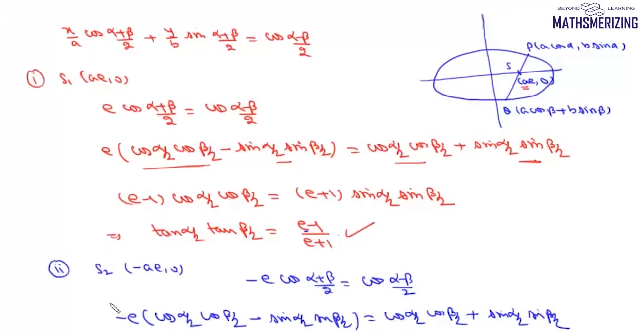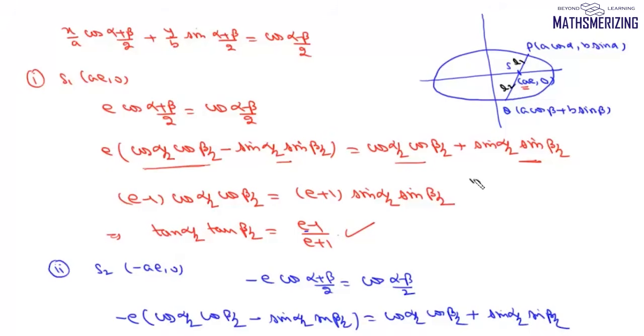Now another result about the focal chord, which we have already proved in the parabola, and we have actually proved it using the polar form for any general conic including the ellipse, is that if we have a focal chord whose segments are say L1 and L2, then the harmonic mean of these focal segments is equal to the semi-latus rectum.